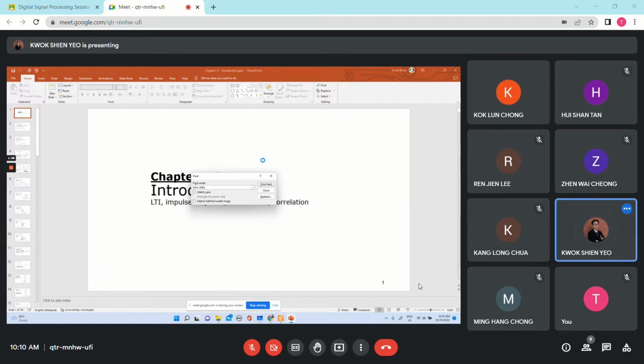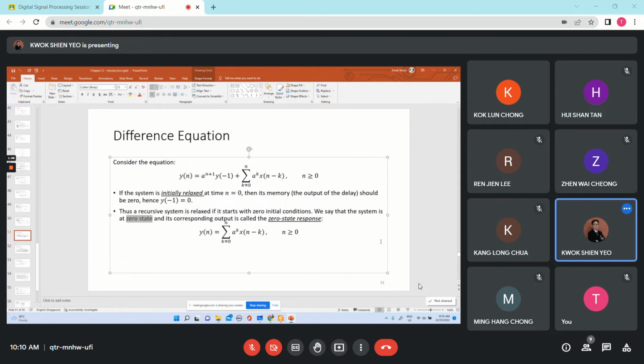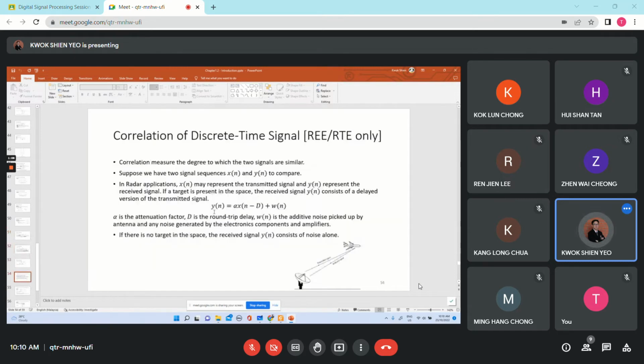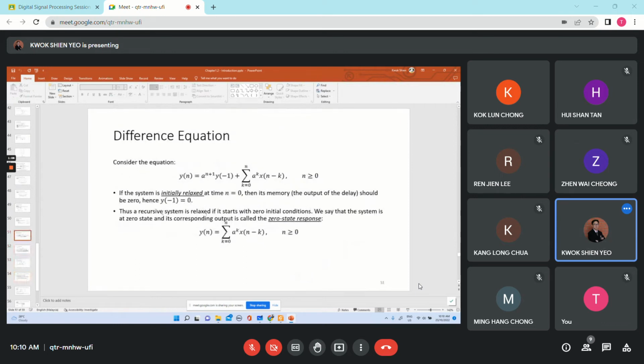So the system is at zero state, and the corresponding output is called the zero state response. The system is initially relaxed at time n equals 0, and the output should be 0, hence y(-1) equals 0.